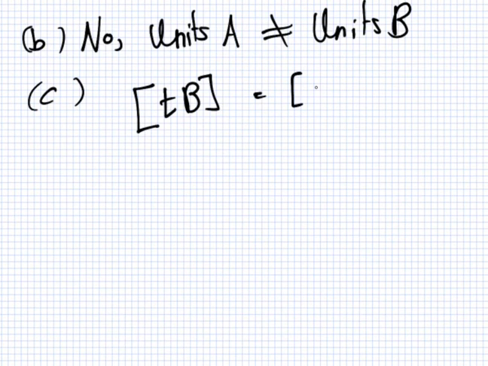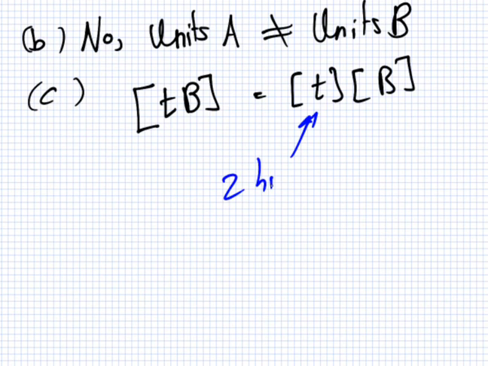So let me see. We have here A is 5 kilometers to the east, and B is 5 kilometers per hour to the north.